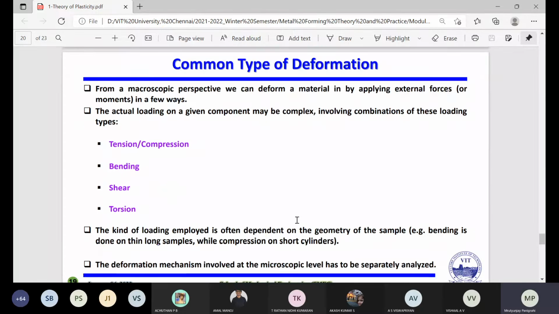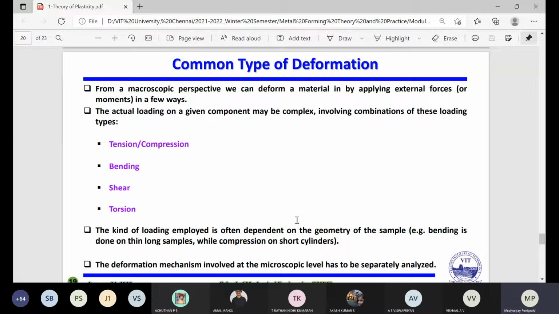Then, yeah, this slide is important now. You have to understand what are the common types of deformation. Basically we have tension and compression, but I have added one more thing, torsion, here.